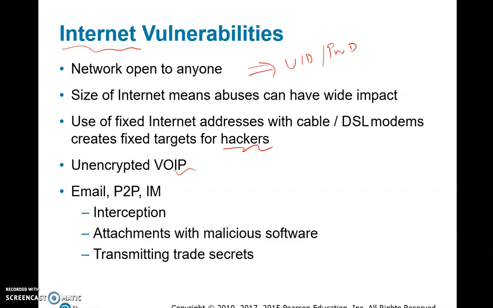There are also many things that people do: intercept emails, intercept messages, and all these things. They can have attachments with malicious software that when you download, it's going to create problems. They can transmit trade secrets from you to all over the world. All these dirty things people do. Okay, so these are the vulnerabilities using the internet.